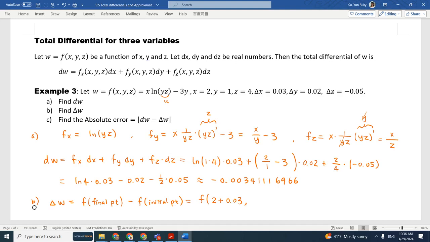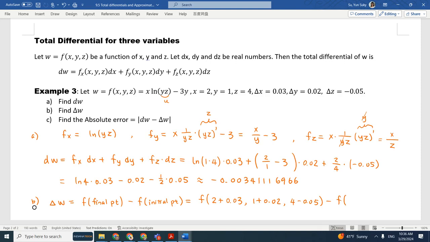Is that okay, everybody? The final point is the x value plus the change. And then how about the y coordinates? What is that? Yes. How about the z? 4? Yes. So that is the final point.